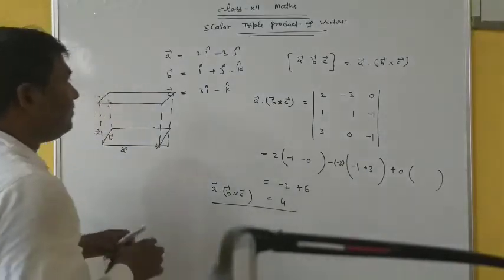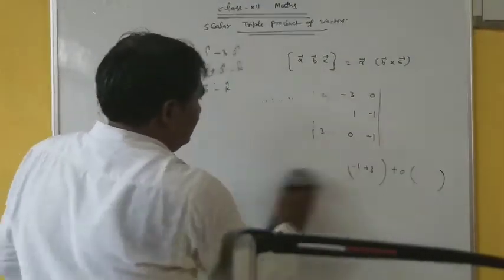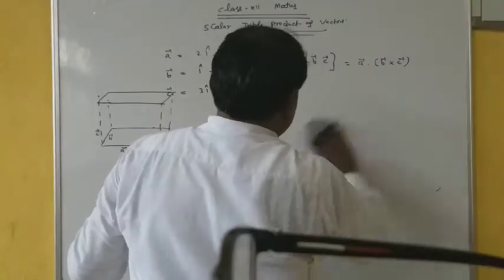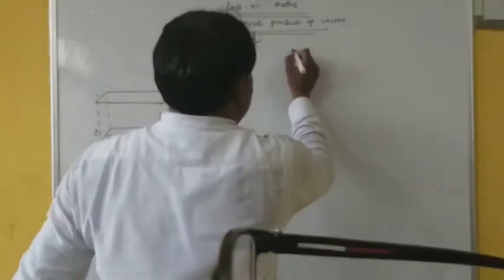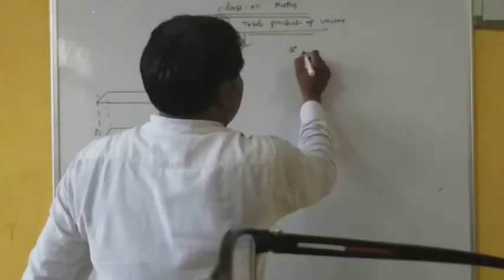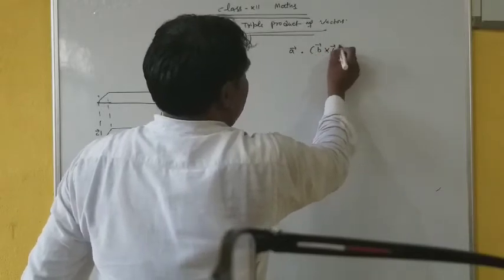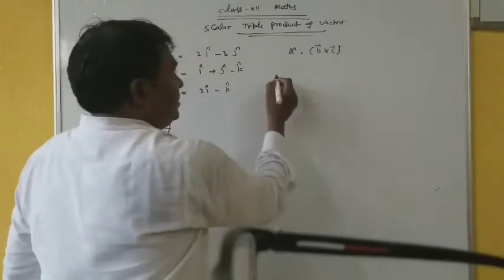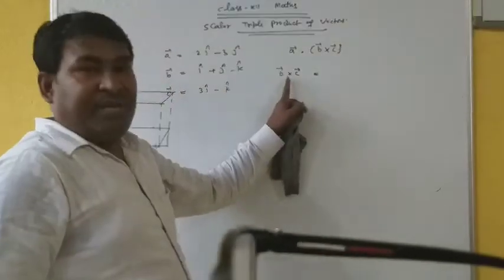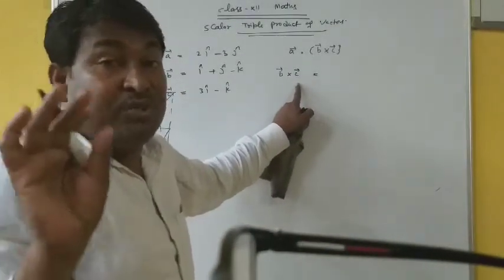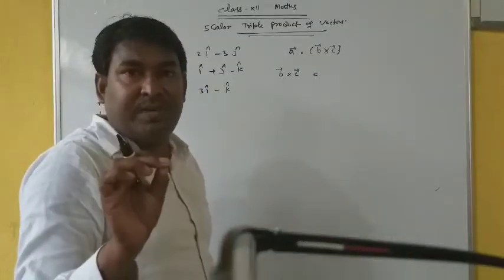So the condition of coplanarity is that, see, if three vectors A, B, C are there, then A dot B cross C. Here B cross C is a vector, which will be perpendicular to vector B and vector C, both of these vectors.